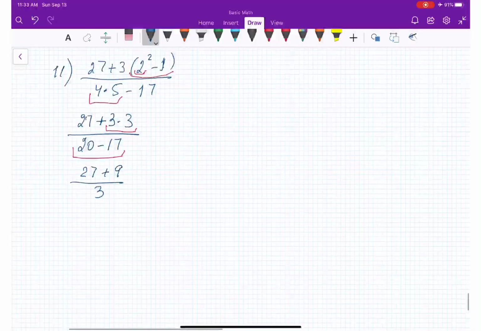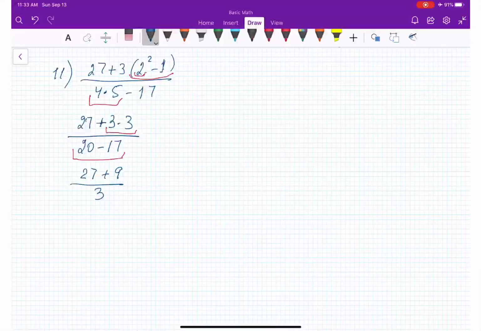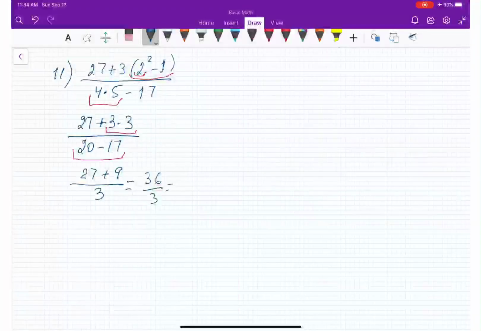So 27 plus 9, let's see. 7 plus 9 is 16, 1 in mind. We have 2 and 1 will be 36. 36 over 3. And the answer, 36 divided by 3, is 12.